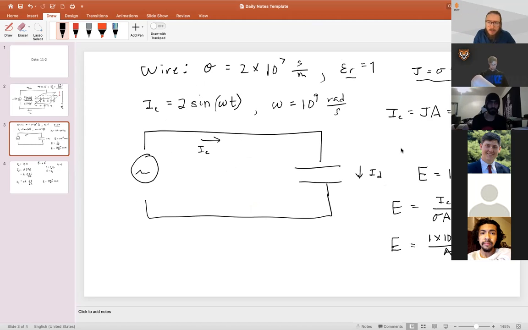I believe so. The current was in milliamps. Yeah, so this should be, let's check. So 2 divided by, yeah, and then this is in milliamps. Okay.